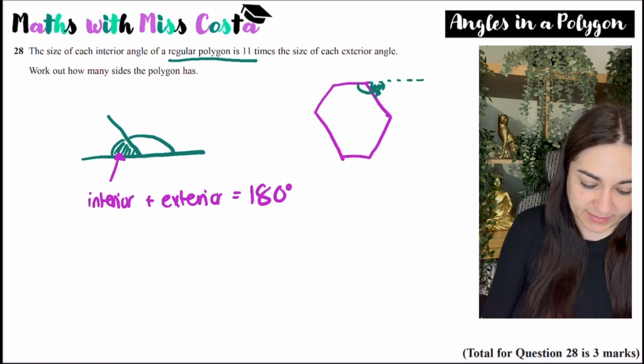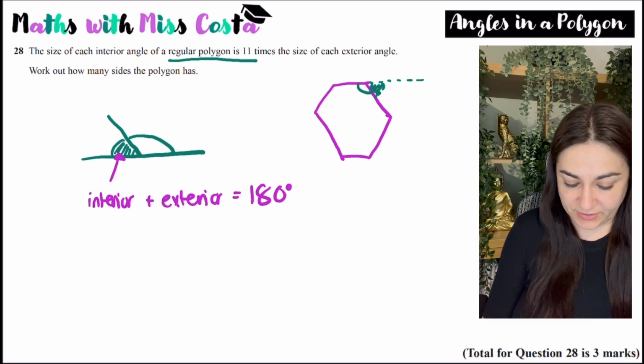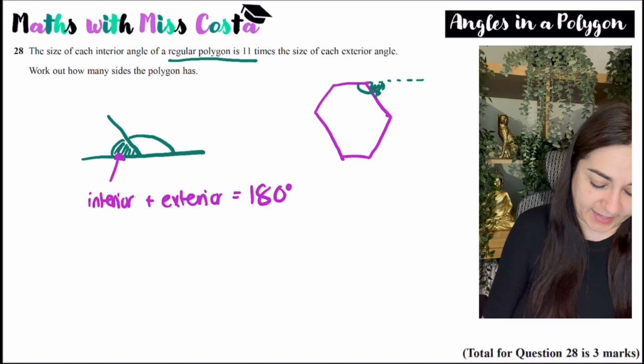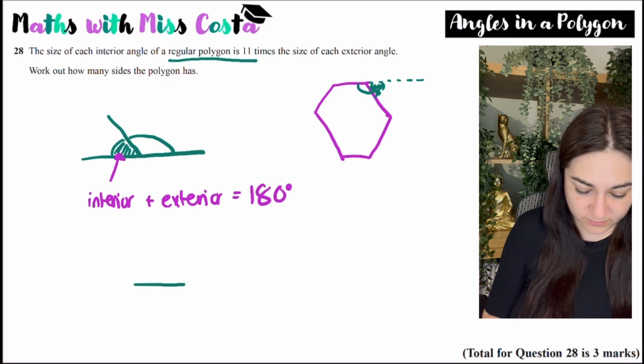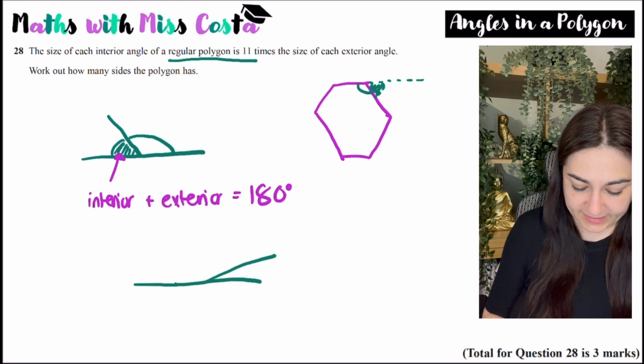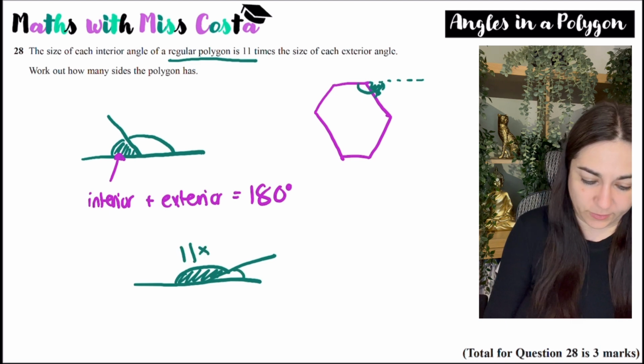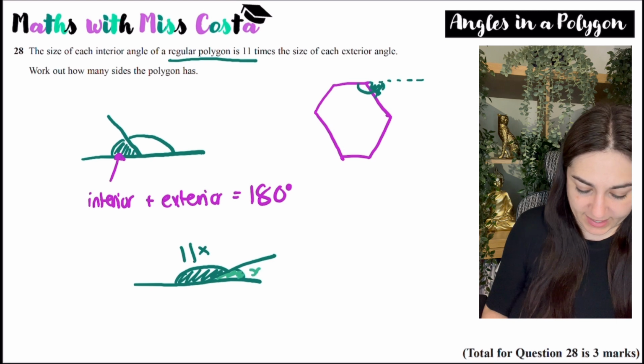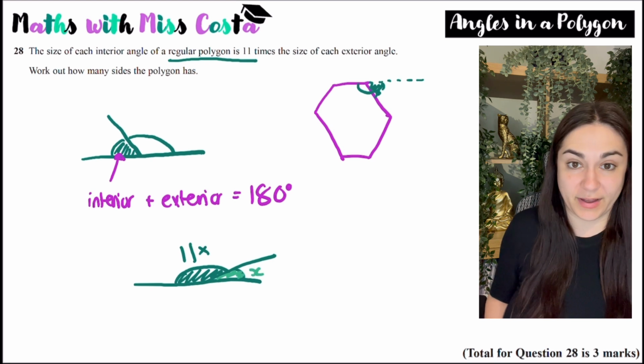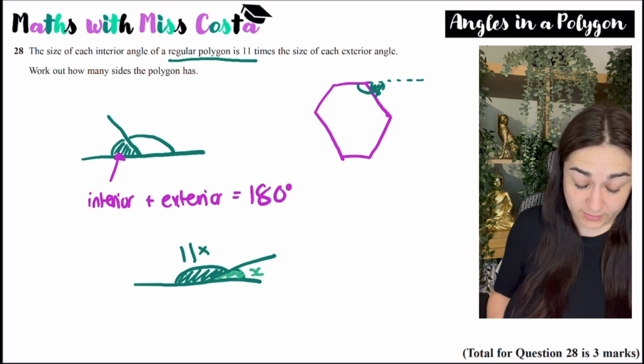It says the size of each interior angle is 11 times the size of each exterior angle. So let's say I've drawn the diagram wrong in terms of sizing. But if this is the interior angle, it's 11 times the size of the exterior angle. So we could call the exterior angle X, just because when we don't know the value of something, that makes life so much easier.